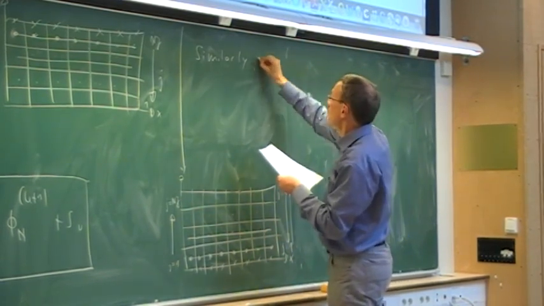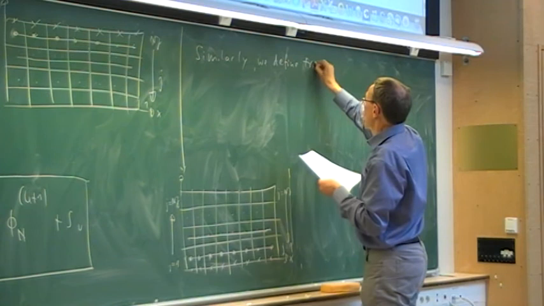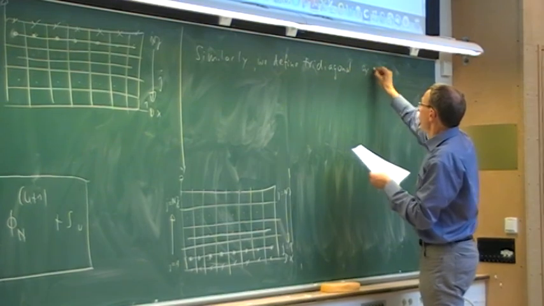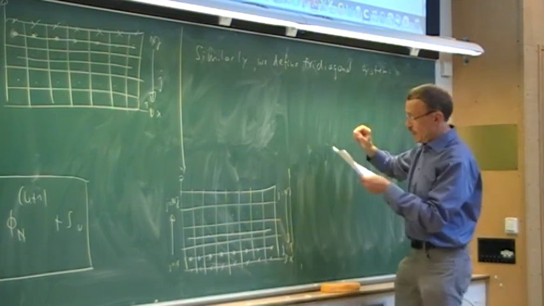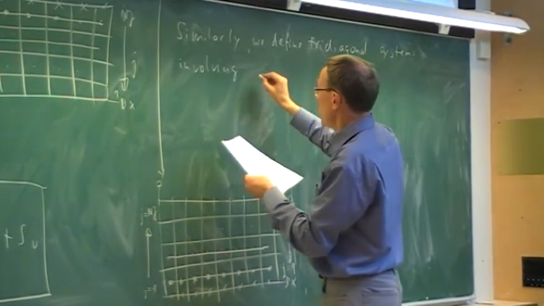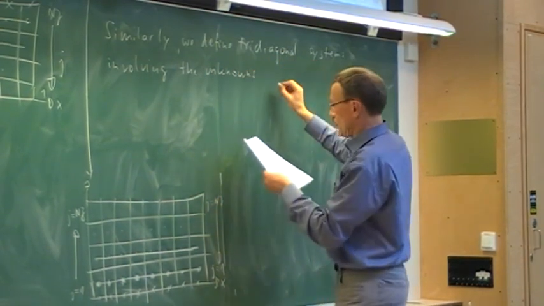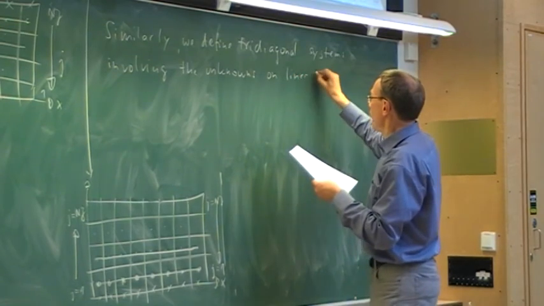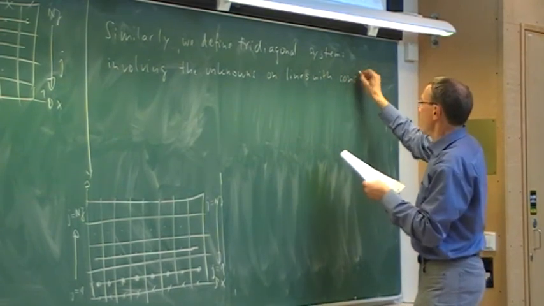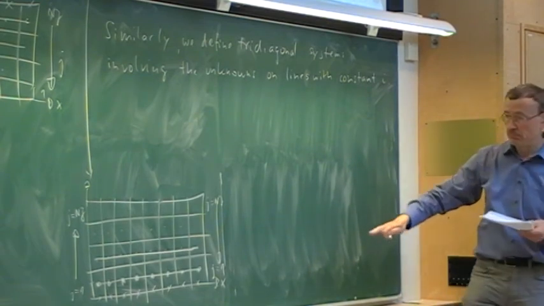We do it now that we define tri-diagonal systems which are involving the unknowns on lines with constant I. Here we had lines with constant J, J1 and so on.